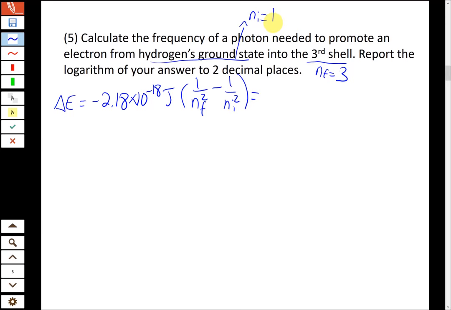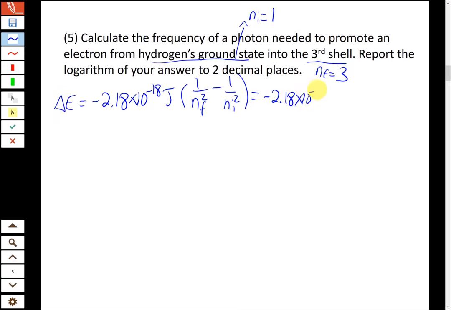Now, if you put them in the wrong order, you're going to just get the wrong sign for delta E, which in some cases is important if we're asking for delta E. If you're trying to find just the frequency or the wavelength like we are here, it's always going to be a positive number, so even if you mess up the signs, you'll end up with the same answer at the end. But it's good to put them in the right order to make sure we're also thinking about it correctly.